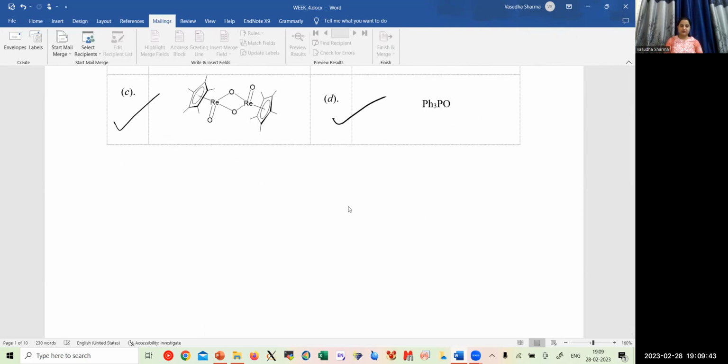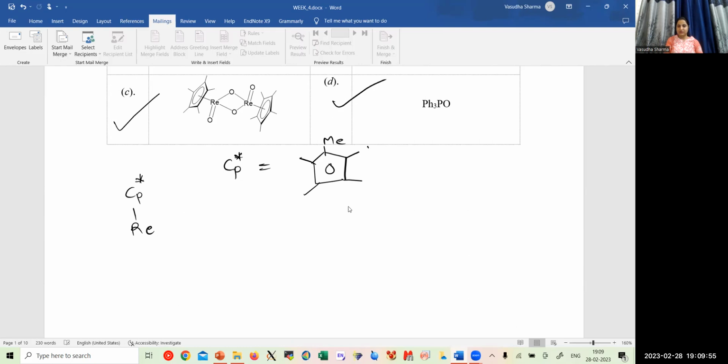rhenium Cp star, I'm writing, where Cp star is nothing but your cyclopentadienyl ring with the substitution of methyl. So everywhere it is methyl. So when we have double bonded O, here there is PPh3.